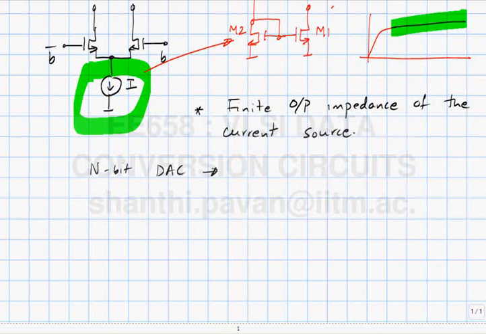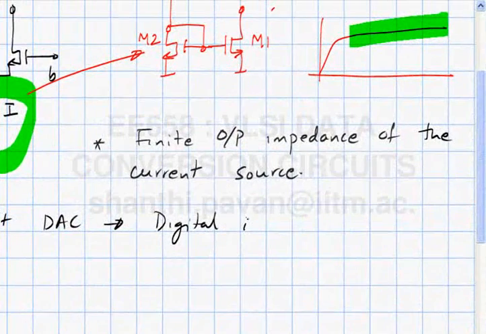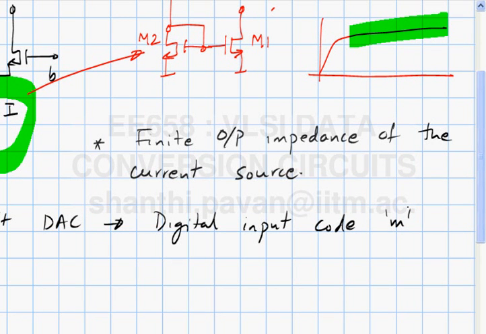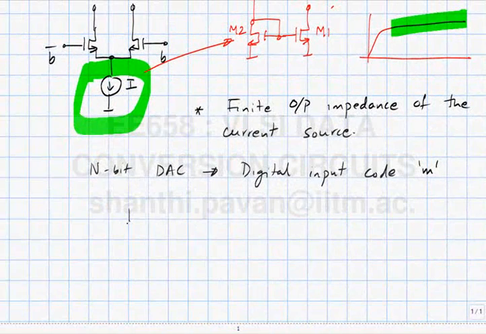If you had an n-bit DAC and the digital input code in decimal form was M, then what do you expect? The equivalent model is the following. This is VDD. As we saw yesterday, we are interested in differential DACs.